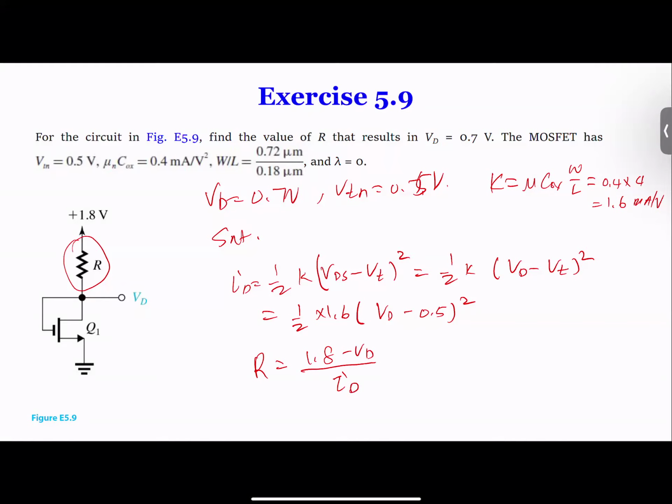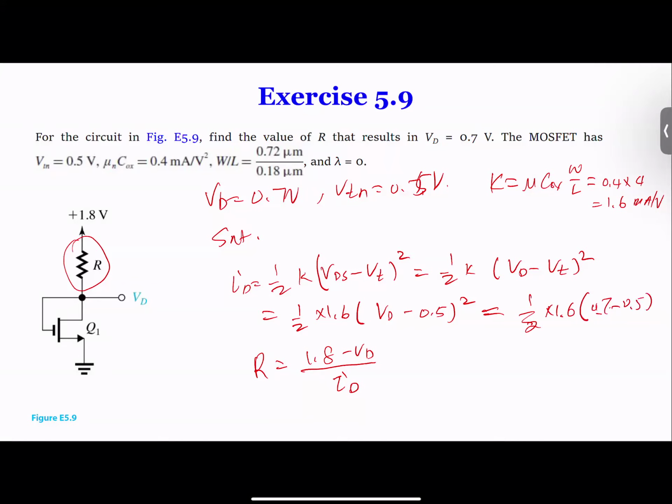So once you find VD and ID, well, how can we find ID without knowing VD? Oh, VD is given, 0.7. Okay, I'm sorry. So it's 1/2 times 1.6 times (0.7 minus 0.5) squared.